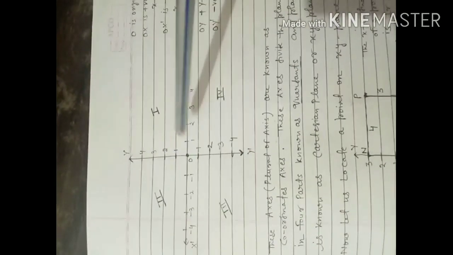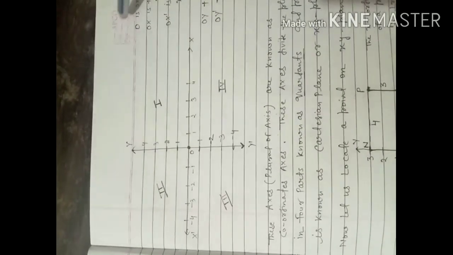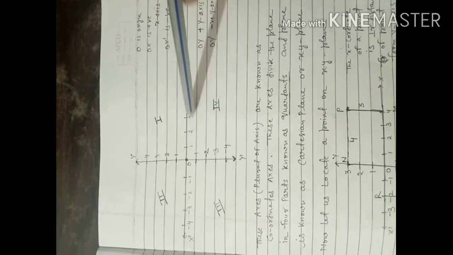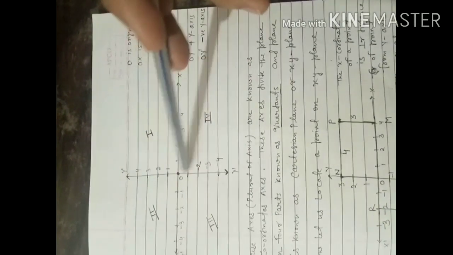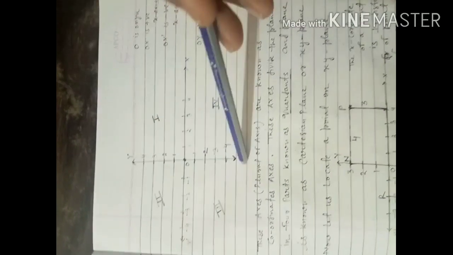The intersection of both lines is point O, and they are perpendicular to each other. O is origin, OX is positive x-axis, OX dash is negative x-axis, OY is positive y-axis, and OY dash is negative y-axis. So these are the x-axis and y-axis.